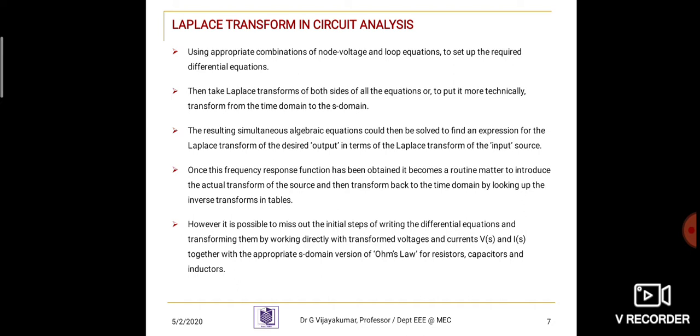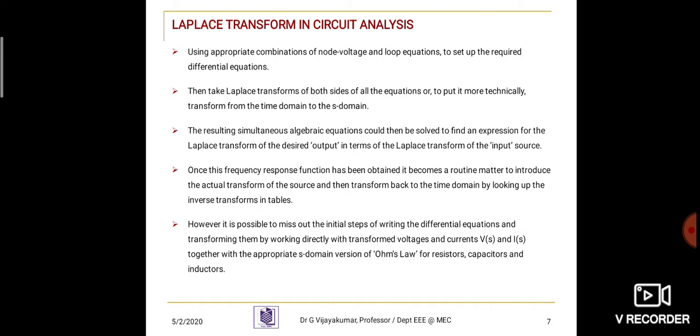If we want to find how the voltage across a certain component varies with respect to time due to some arbitrary forcing function, it would be perfectly possible using an appropriate combination of nodal voltage and loop equations. To set up the required differential equation, we could then take a Laplace transformation on both sides of all the equations.